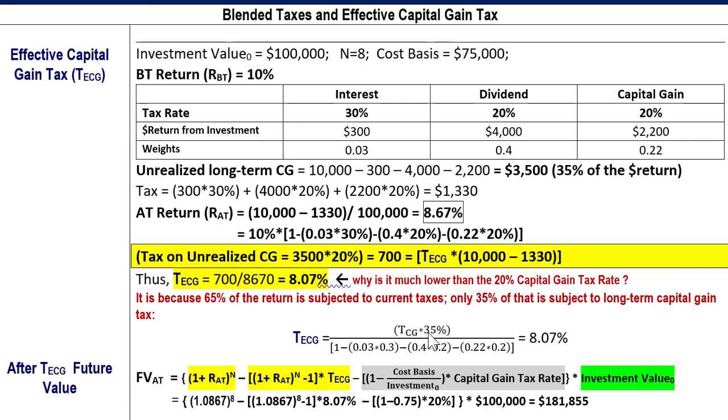So it's a partial amount, and you divide it by, like, the $700 I calculated, divided by every dollar you generate after the payment of the tax. So that calculation gives you also 8.07%. It is a little bit difficult to understand, but just read these notes several times and you can understand that.